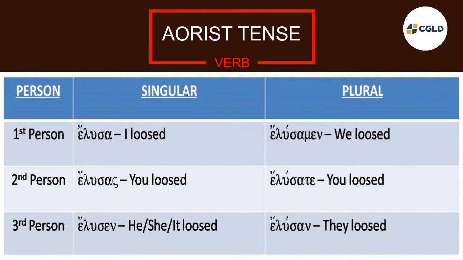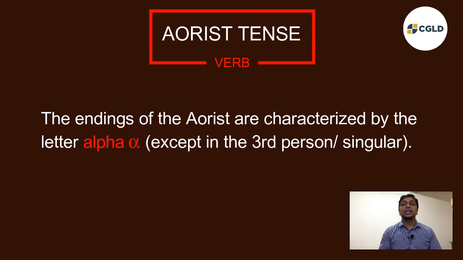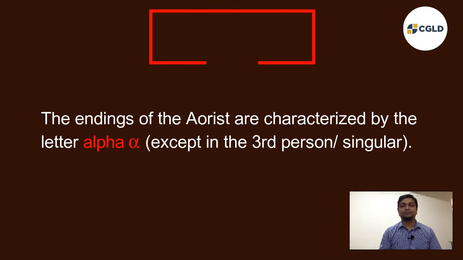Only in the third person singular we see it is elusen and it does not end with an alpha. So that's what we are discussing here. The endings of the aorist tense are characterized by the letter alpha, except for the third person singular.